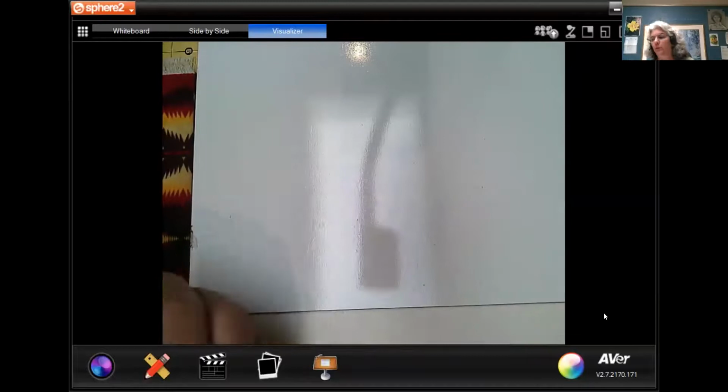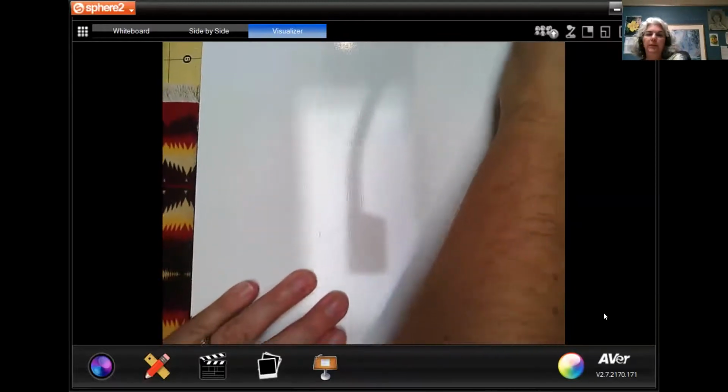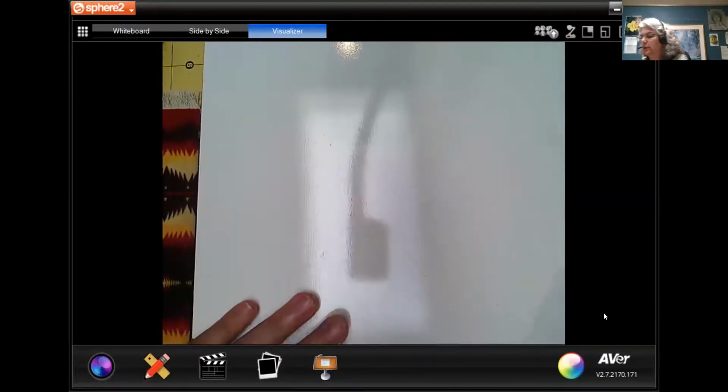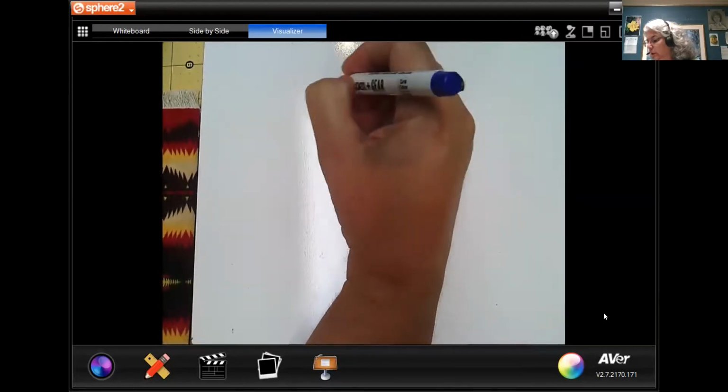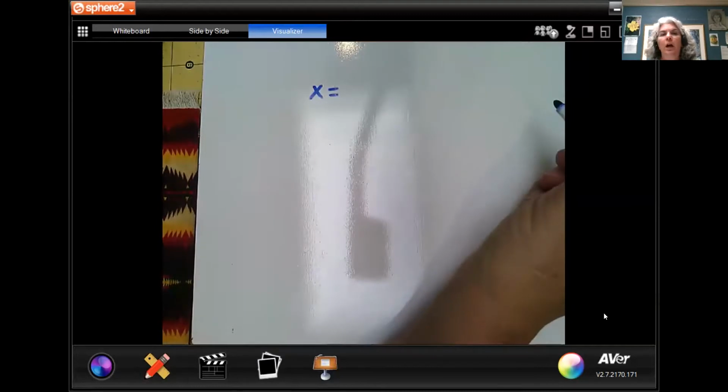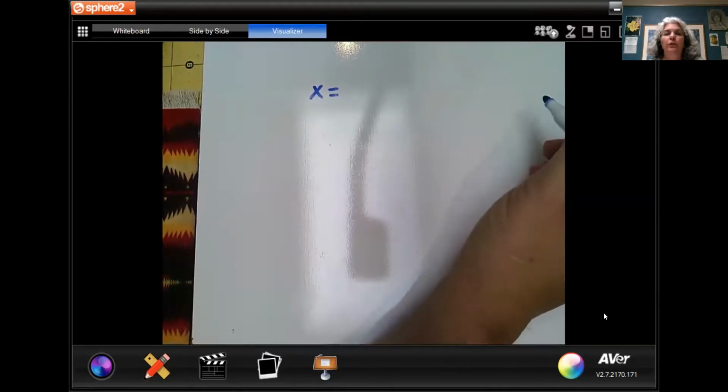Okay, so if we start with a variable, like you did in that worksheet, x, if you're going to build an equation yourself, then I want you to start with the variable equaling something.